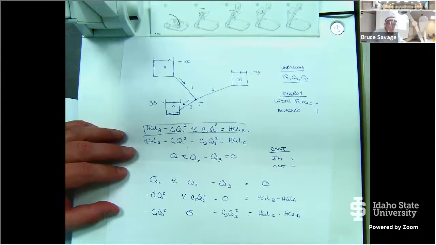If you notice now, I have Q sub 1, Q sub 2, and Q sub 3, which correlate to x, y, and z. Those are my three unknowns. But because they're nonlinear, I can't use the matrix method to solve this unless I linearize the equations.